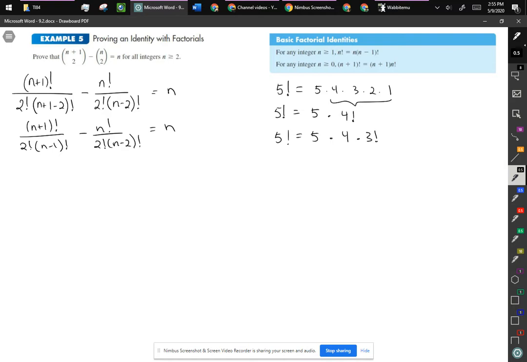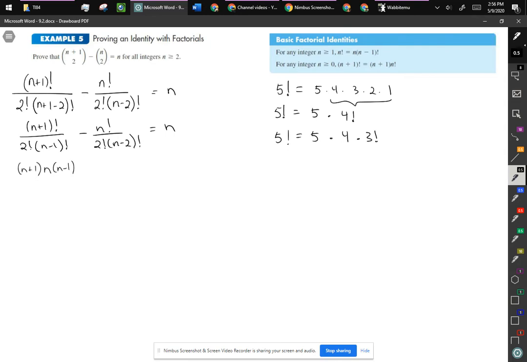So let's expand the numerator, n plus 1 factorial. If I want to expand n plus 1 factorial, the first number is n plus 1 itself. The next number below it would be n. Should I stop yet? Nope, doesn't help me cancel anything out. The next number below that is n minus 1. There's a match, right?